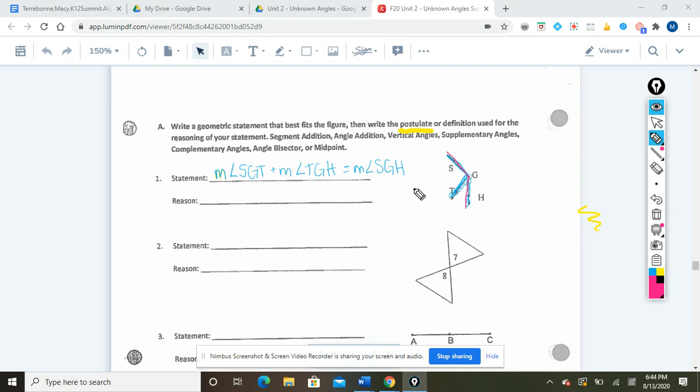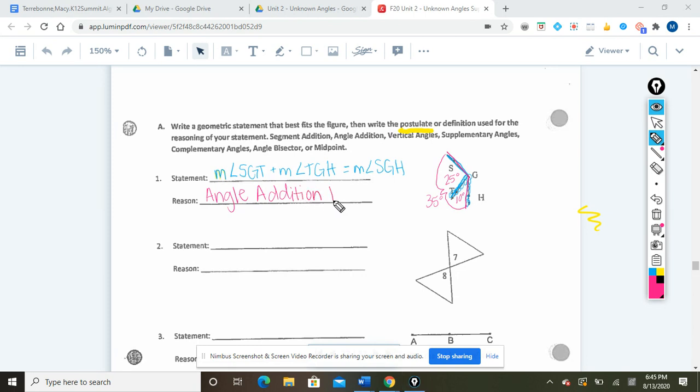So all this is saying is, let's say SGT is 25 degrees, and let's say TGH is 10 degrees. Then the measure of angle SGH would be 35 degrees. They're next door. The two together make up the bigger one, so we would add them up. This is called angle addition because we're adding angles.